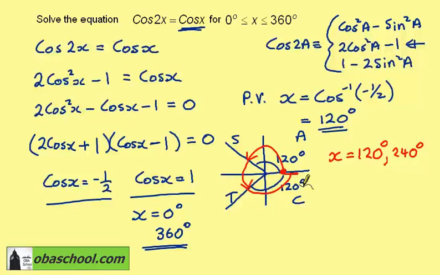So we just have these two solutions. Listing all of our solutions then, we have 0 degrees, 120 degrees, 240 degrees, and finally 360 degrees.